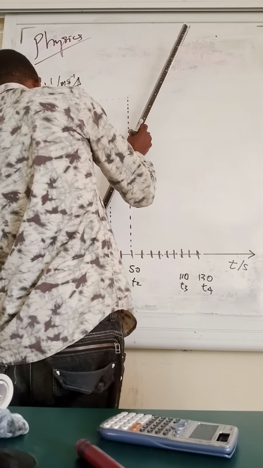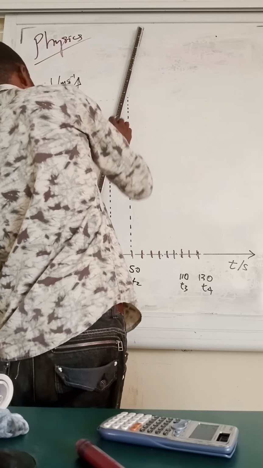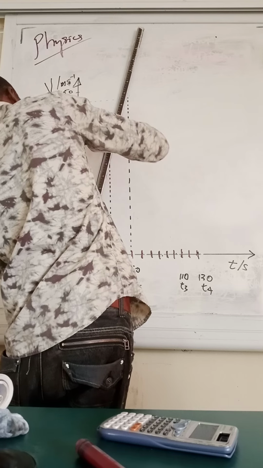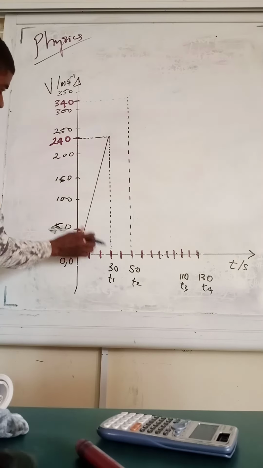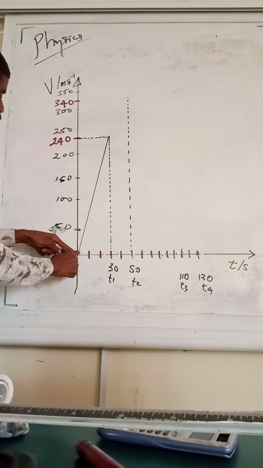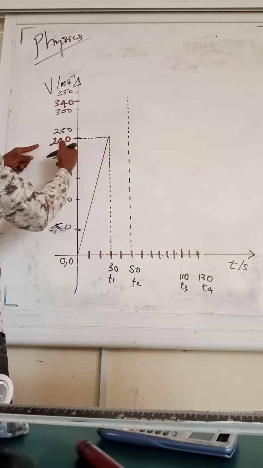The body starts from rest and moves this way. Do you see that? The body starts from rest and moves for 30 seconds and attains this velocity, 240.